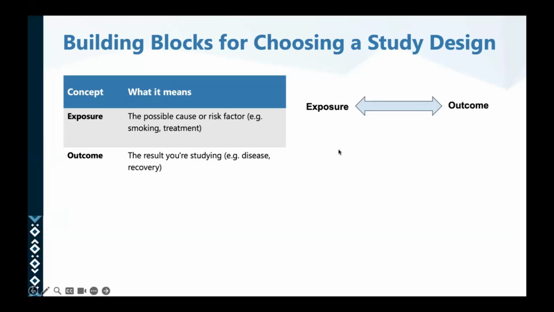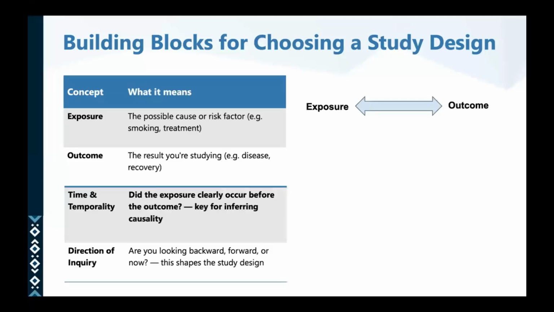So usually in a study that wants to link a cause to an effect, you start with an exposure and look for an outcome. Another factor that is very important in understanding the subsequent study designs is this issue of time and temporality. You ask yourself, did the exposure clearly occur before the outcome? And this is very important.